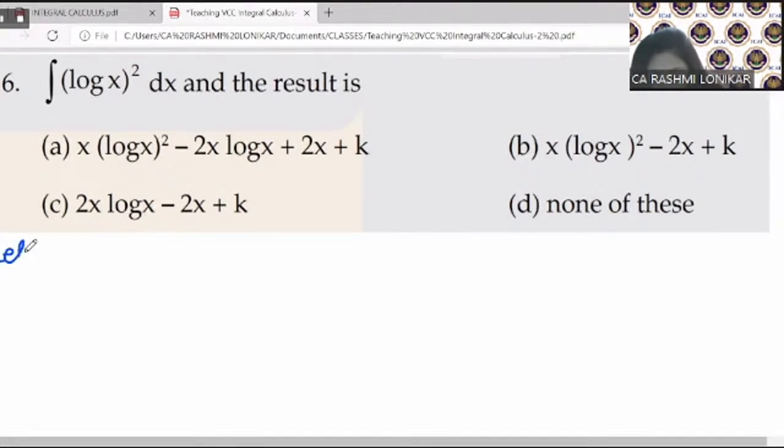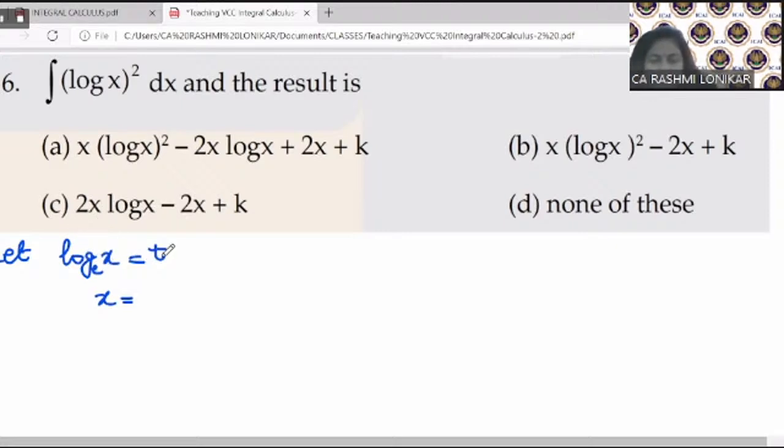So I say let log x be equal to t. Now, what is x? Remember the exponential form and logarithmic form in the chapter on log, that is the first chapter. So, what is the base here? It is e.